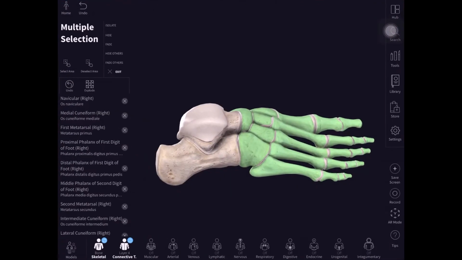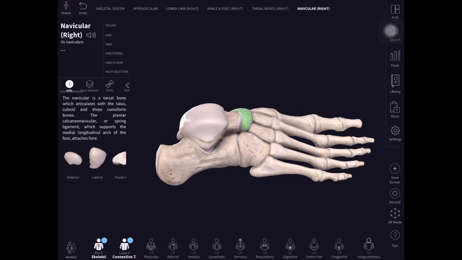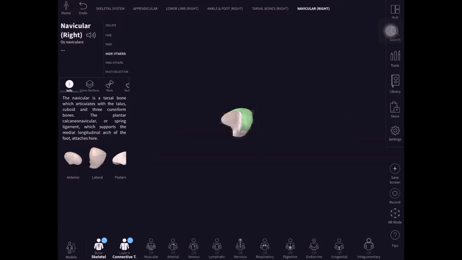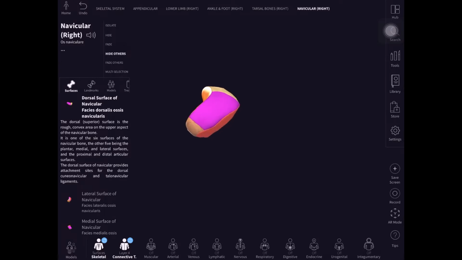Before we go there, let us look at all these surfaces again one more time. That's our bone, and let us give the color. Now we'll start the way we have written in our slide.